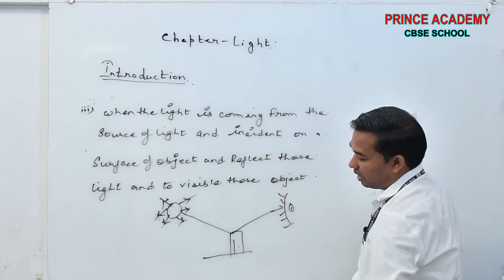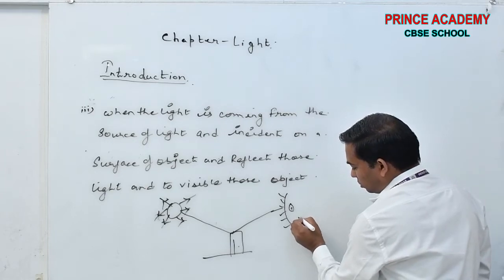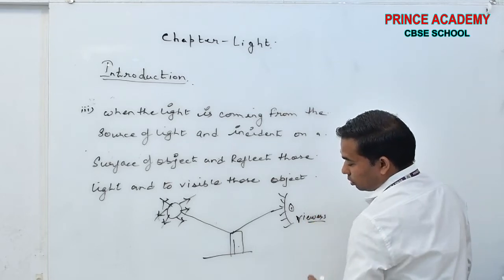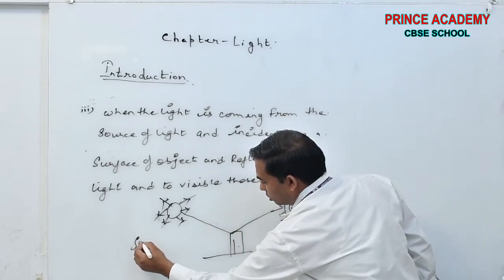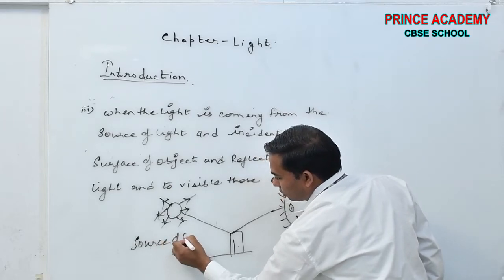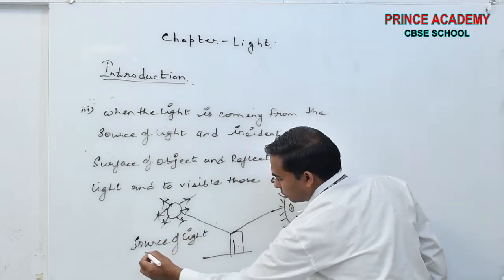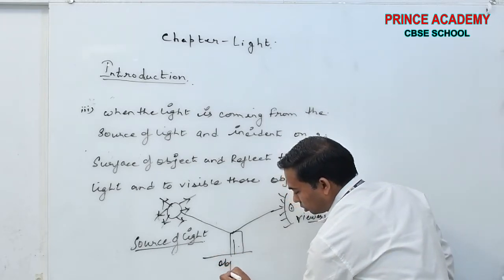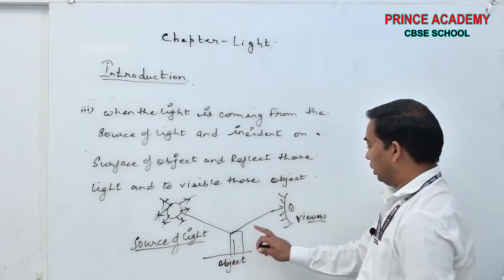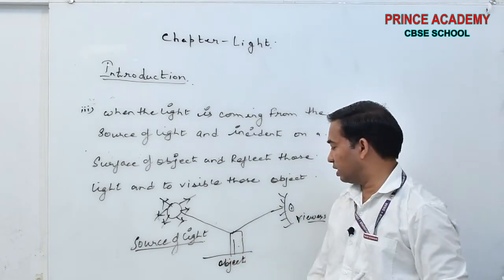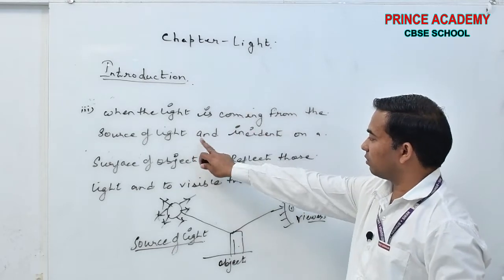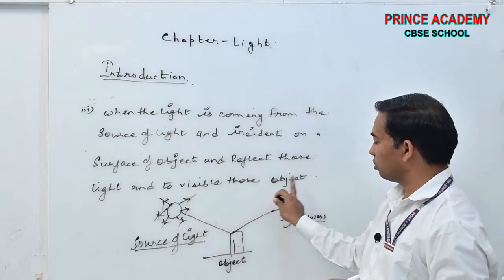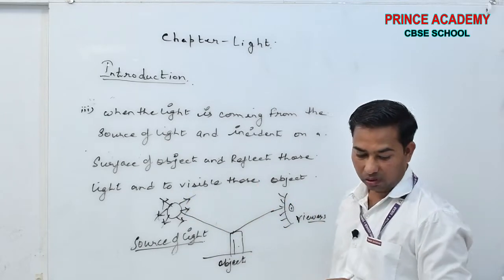And it can be seen by the viewers. There is the source of light, there is an object, and there are the viewers who see those objects. The meaning is that the light is coming from the source of light and incident on the surface of an object, and it reflects that light and the object is visible to the viewers. You understand those things?